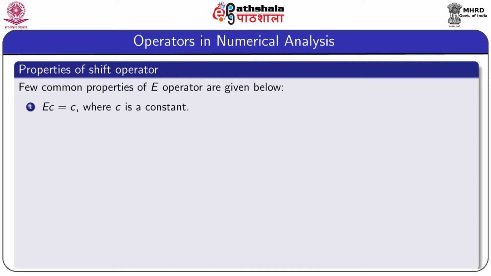Like the forward difference operator, the shift operator also satisfies many interesting properties. The first one: E of c, where c is any constant, equals c, that means it remains unchanged. Again, E of c f x equals c E of f x, that means there is no effect of the shift operator on the constant c.